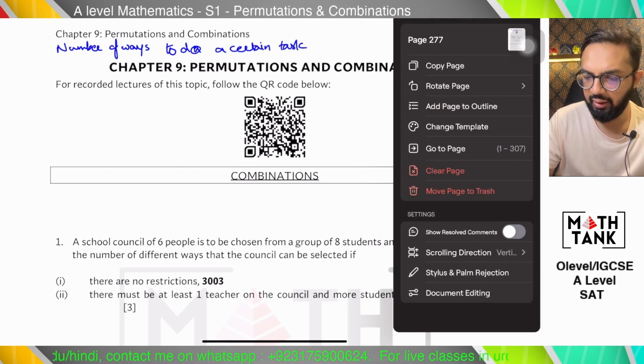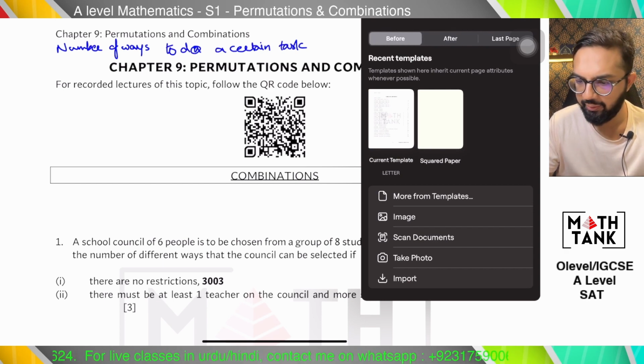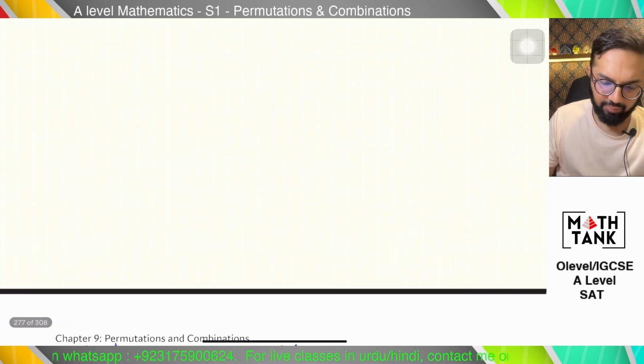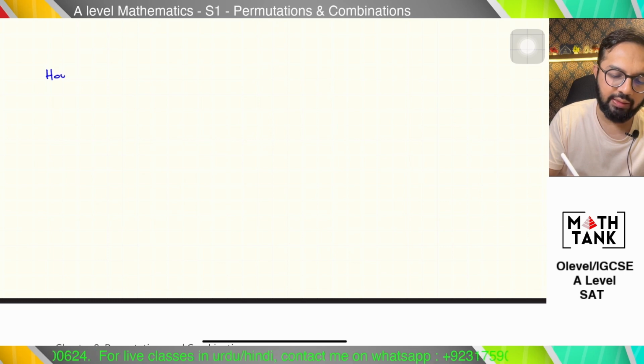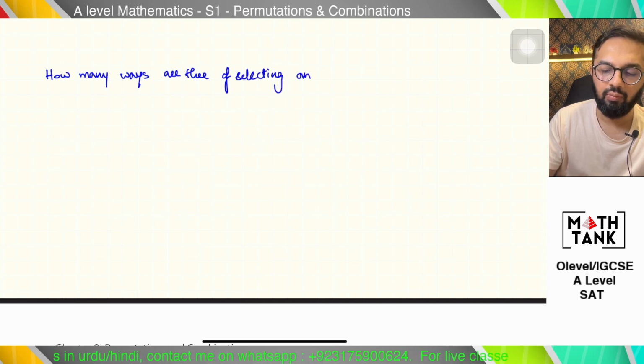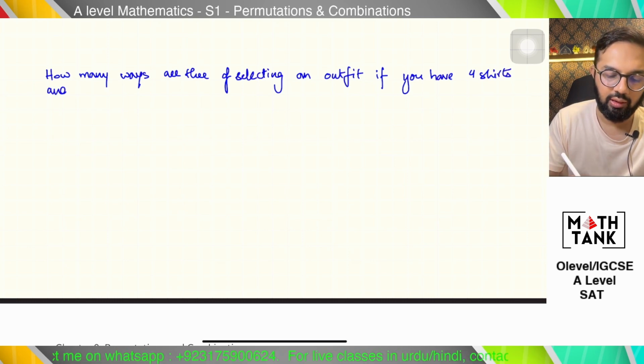Okay, so let's say I add a page and I say that, for example, how many ways are there of selecting an outfit if you have four shirts and three trousers to choose from?